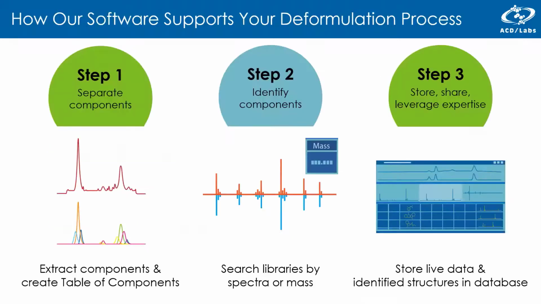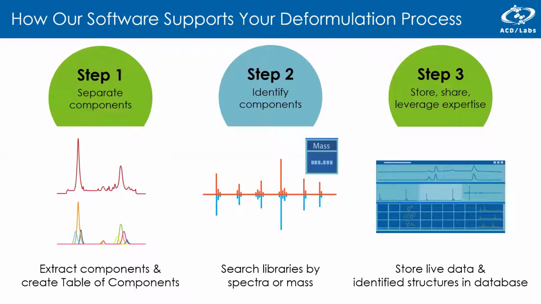So let's take a look at how our software can support the deformulation process. If we take a look at step one, which is separating components, our software can assist in extracting components and automatically creating a table of components where all components in the sample are listed. Step two, where you would identify these components, our software has tools that assist in searching libraries either by spectra or mass.